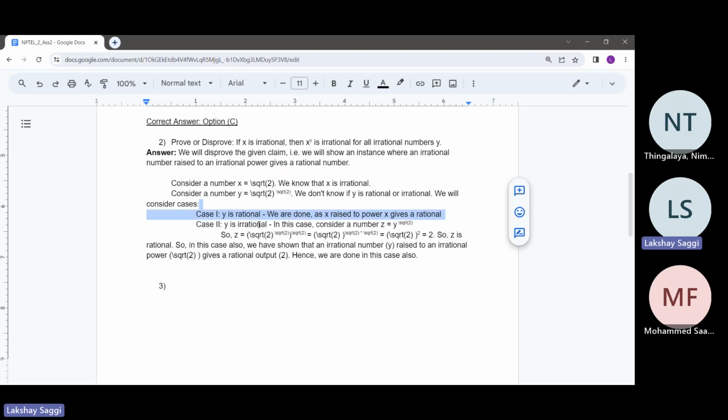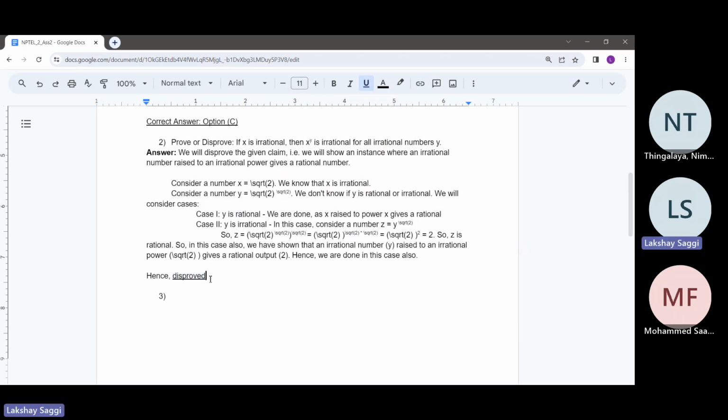And if it was irrational, then if we raise it again to a power of root 2, our proof will be done. So that's why I really like this proof. It's a very cute proof, because we can just take the cases and handle both the cases accordingly. So that's the beauty of this proof. So yeah, hence this proof.